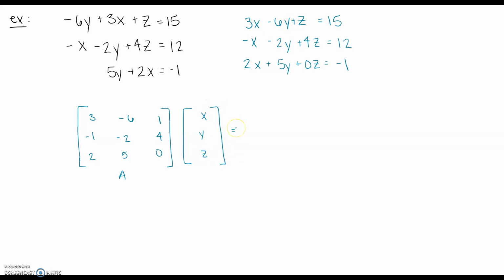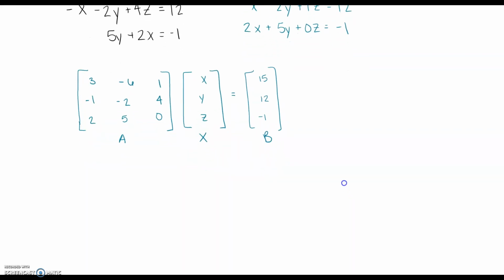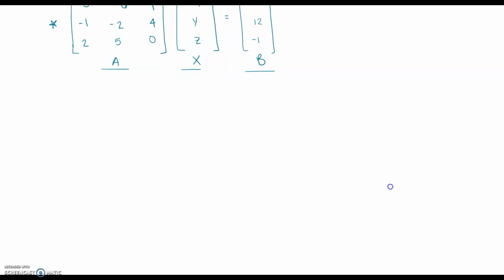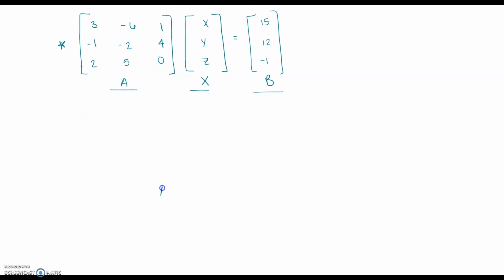And then it equals matrix B, which is the right side of the equal sign, so the 15, 12, -1. So it's required that you write this all out, and it's required that you're labeling the A, the X, and the B.